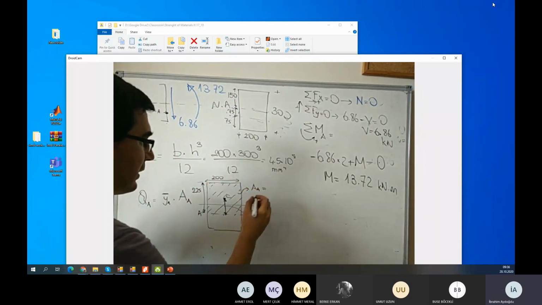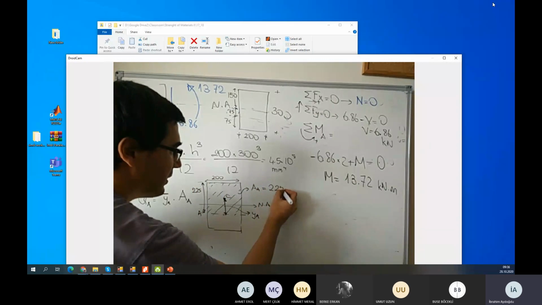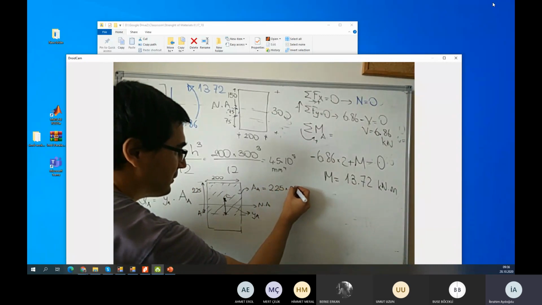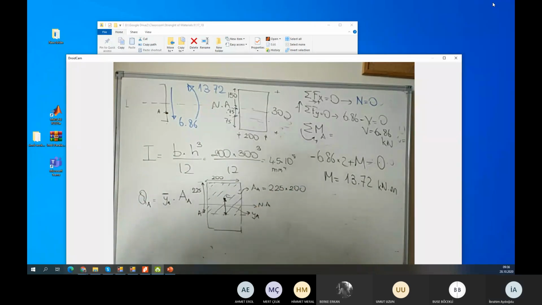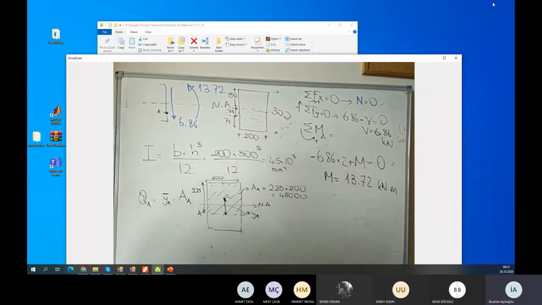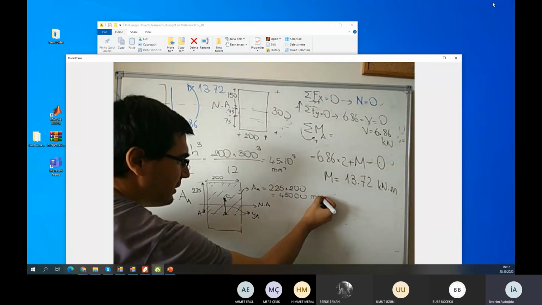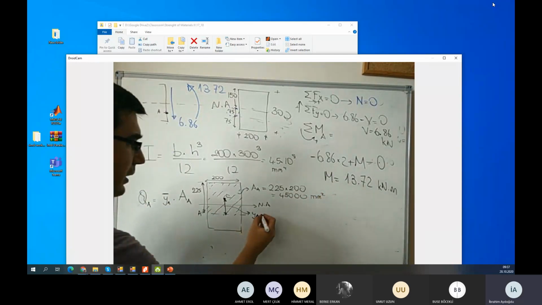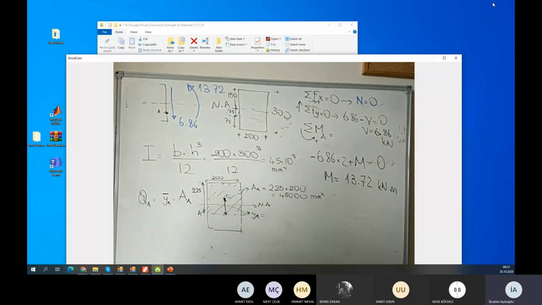So area A is equal to 225 times 200, which is 45,000. The unit is millimeter squared. What is the value of YA? Is it L1 half B? Maybe I can show you.